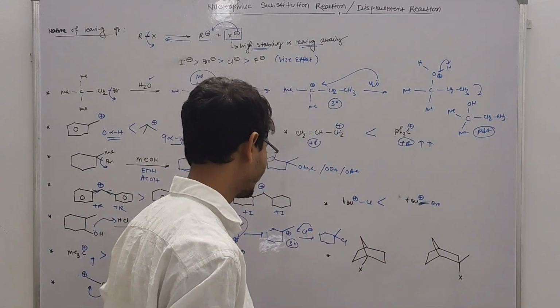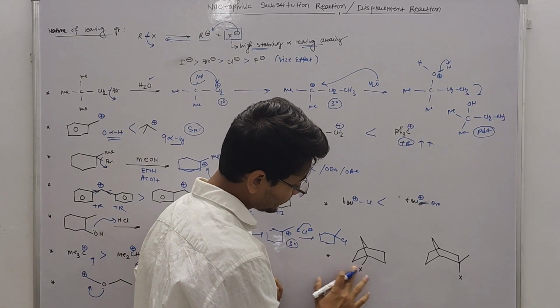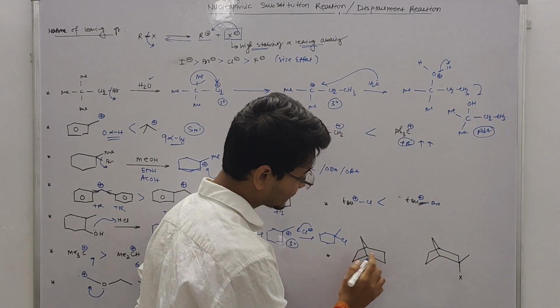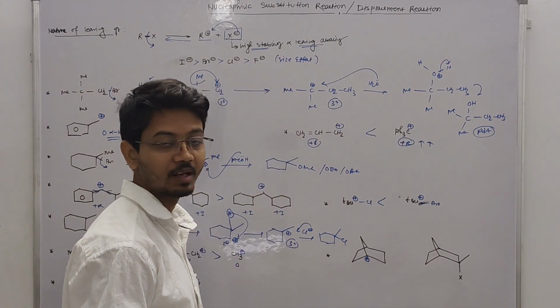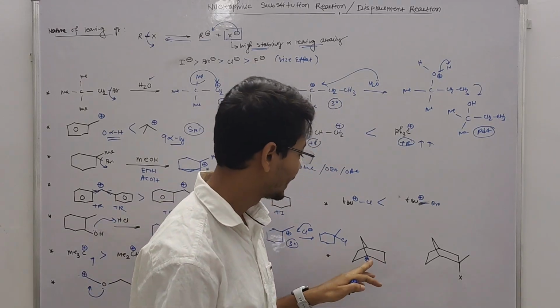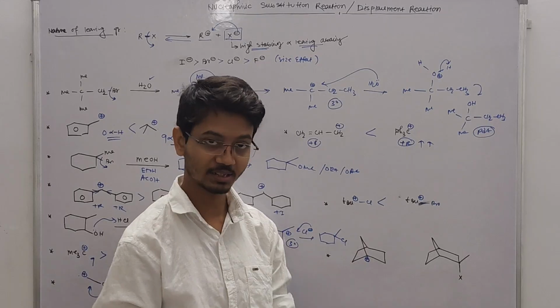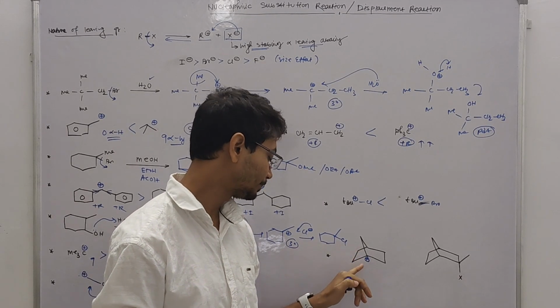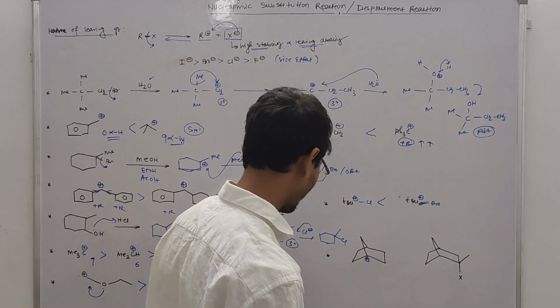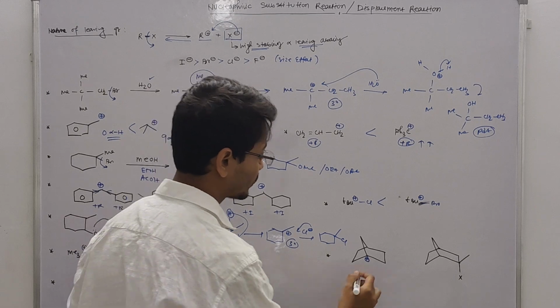Now in this case, you may kick out X from here and make a carbocation, but this is very unstable. According to Bredt's rule, in the bridgehead position, a carbocation will never form. That rule says there is no formation of carbocation in this particular bridgehead position, so it is not possible.